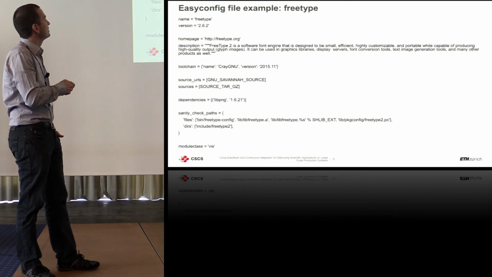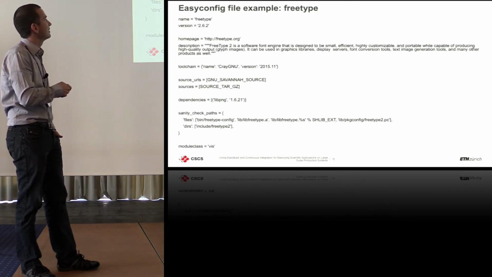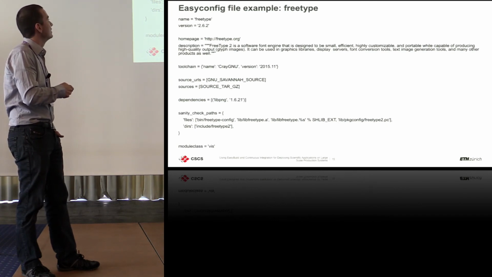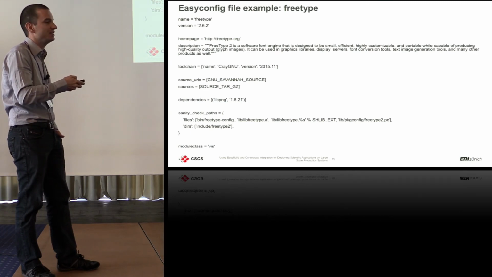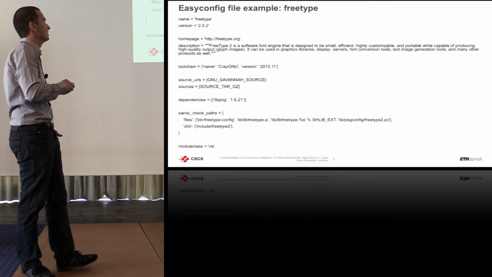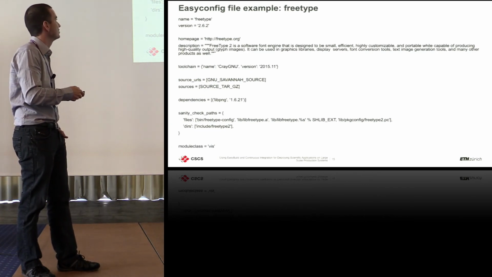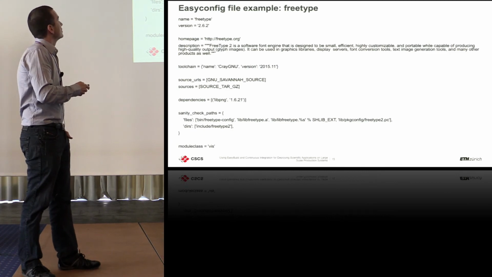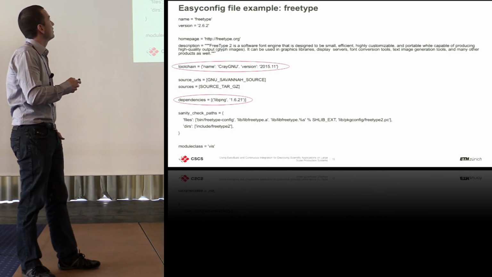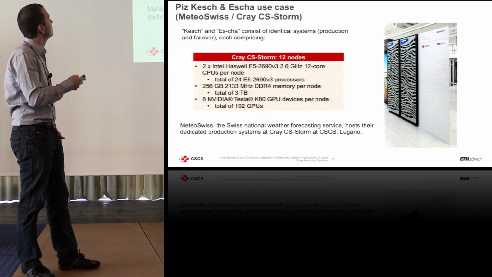Then the dependencies, and then one section for defining where EasyBuild will check for files, just for sanity checking to see if the build was properly installed on the system. Okay, so this is an easyconfig file. These are the two main things that you need to choose.